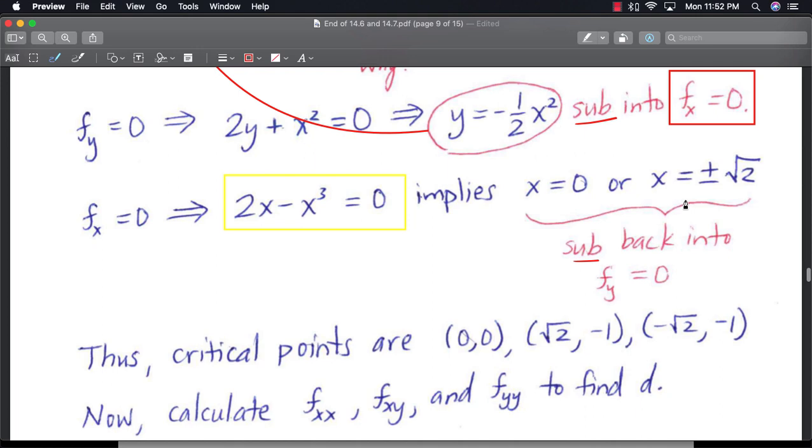And by the way, you can plug these back into the original f sub y equals 0, or you could also just take these guys right here and plug them back into here. So that's also okay as well.